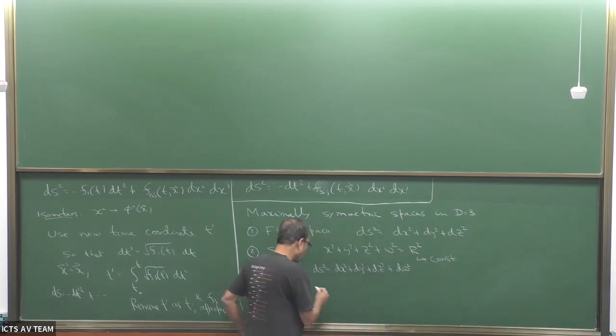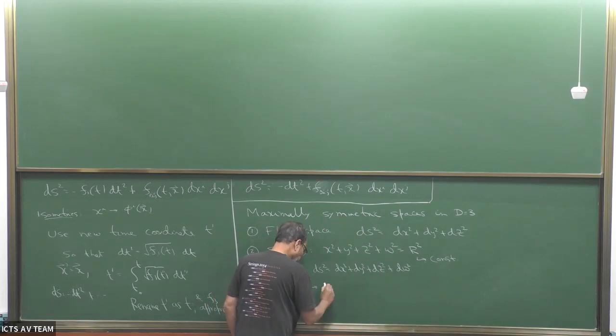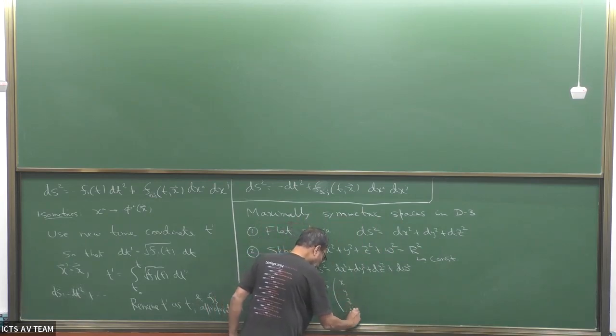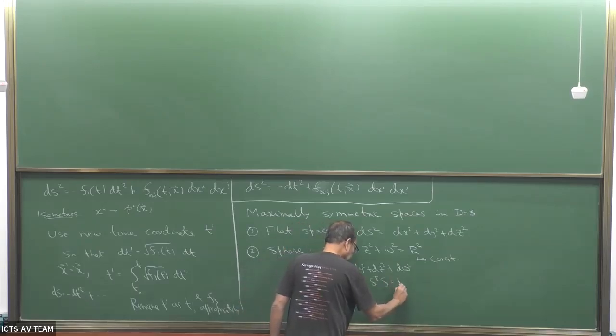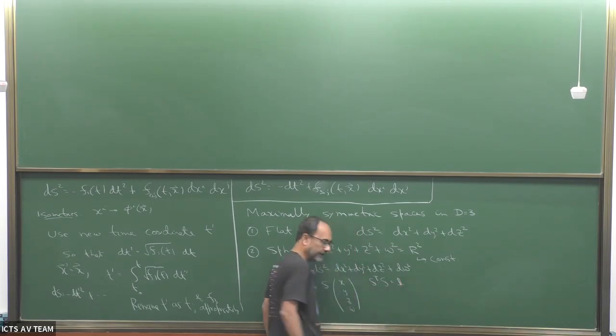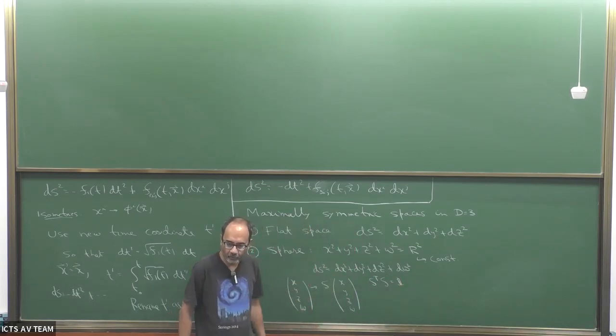So if we take x, y, z, w goes to S times x, y, z, w, with S transpose S equal to identity. This is a generalization of the rotation, a rotation in 4 dimensions, which rotates among these 4 coordinates.